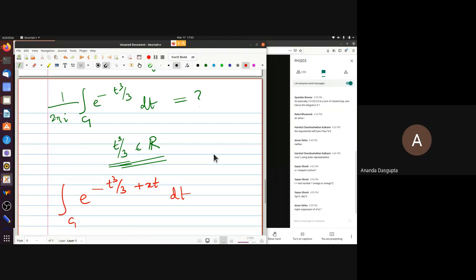Using that, what we will do is choose a particular contour which works best when x is very, very large. And how does that go?